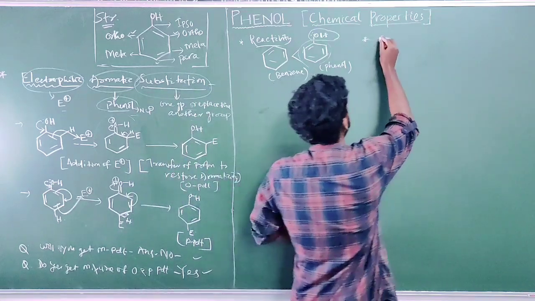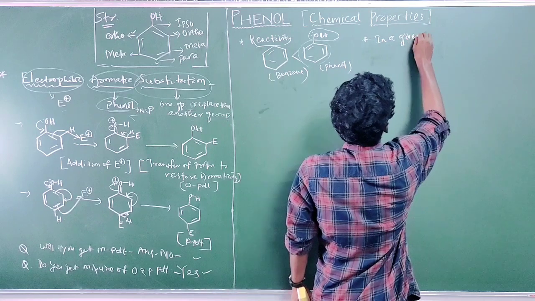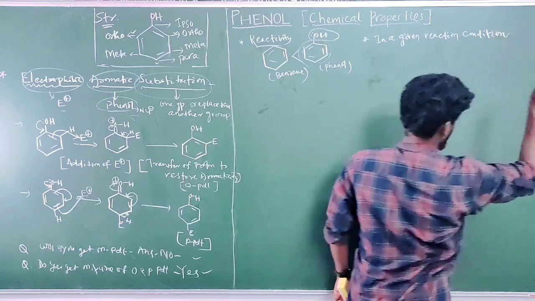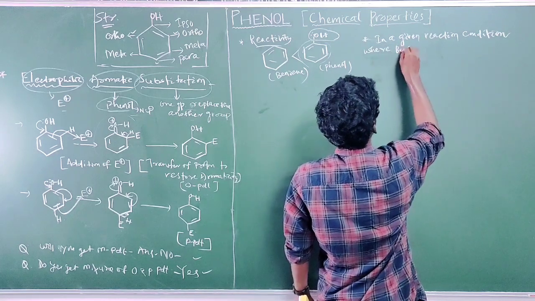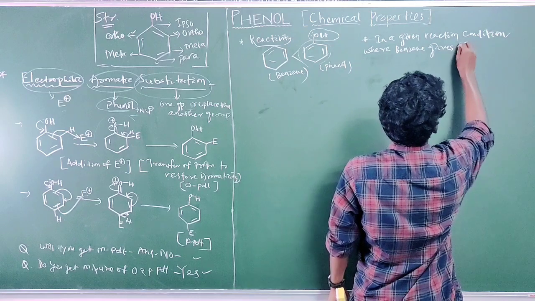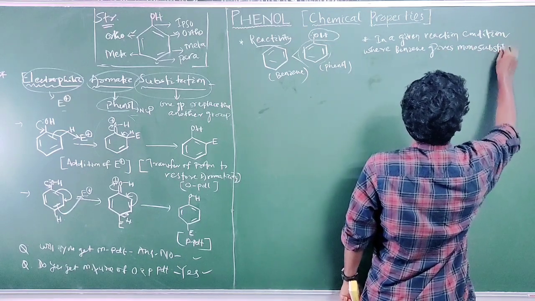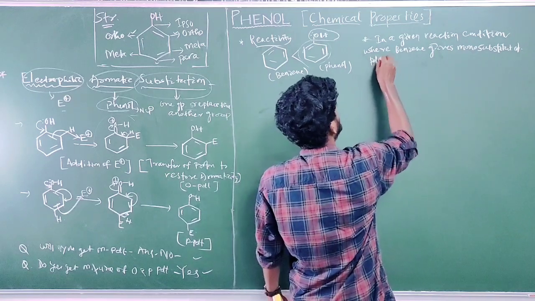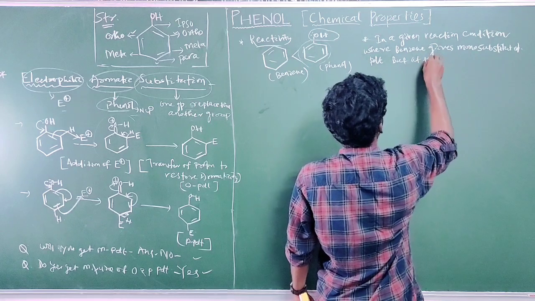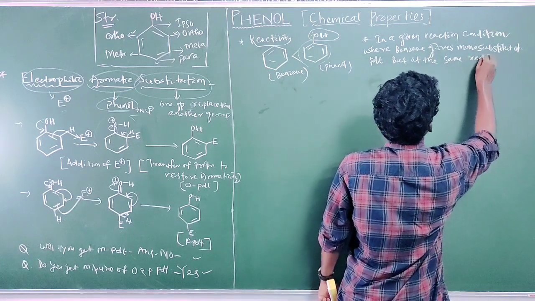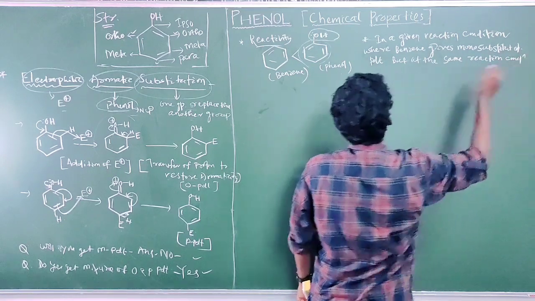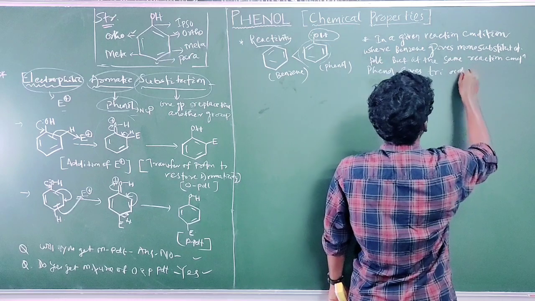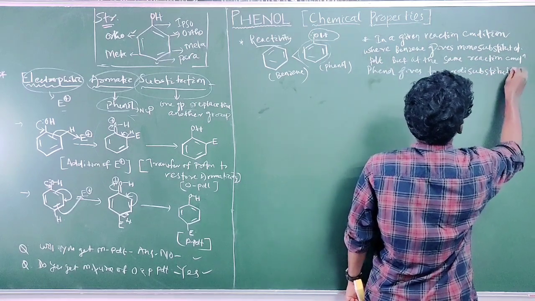Write this point: in a given reaction condition where benzene gives a monosubstituted product, meaning either the ortho product or the para product, at the same reaction condition phenol gives a tri or di substituted product, a tri substituted product.